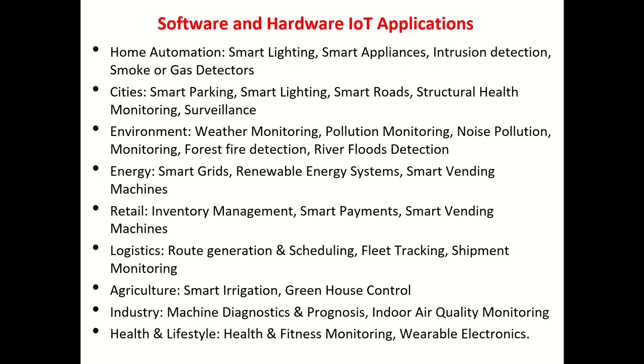From a safety point of view, there are intrusion detection, smoke and gas detectors. There is a possibility of leakages or theft, and you can monitor them remotely. Or when you are not at your house, how do you take care of your garden, its water, or maybe feeding the fish in an aquarium, and so on.